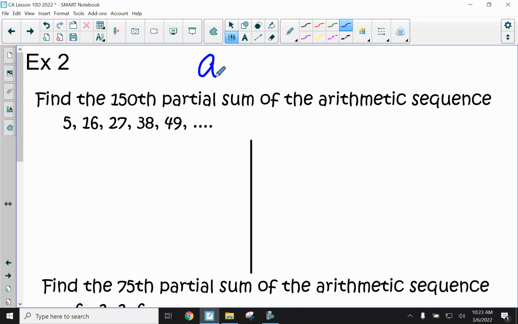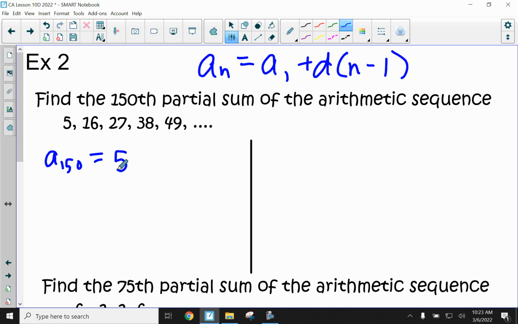It's going to be A sub n is equal to the first term plus the common difference times n minus 1. I want to find the 150th term first, so it's going to look like this: 150 is equal to the first term. The common difference is found by subtracting from right to left. If I subtract from right to left, this gives me, I believe, 9.